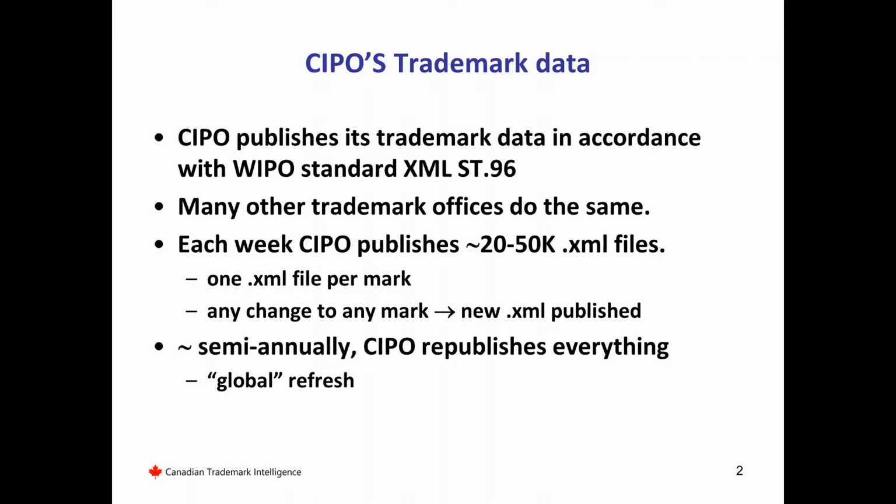If any prosecution event occurs in relation to a currently pending trademark application, CIPO updates the XML file for that trademark and republishes the XML file with the updated information. About twice a year, CIPO republishes their entire XML trademark dataset. They call that their global refresh.